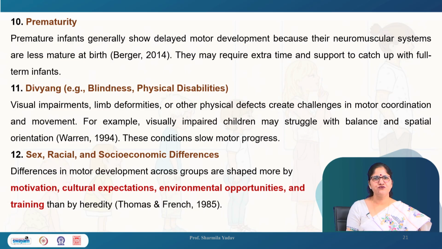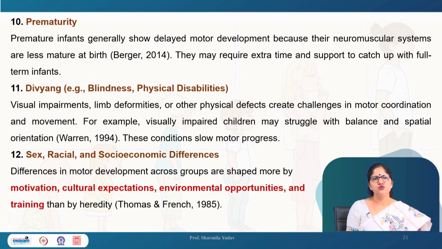For example, visually impaired children may struggle with balance and spatial orientation. These conditions slow motor progress. For them, we have to skill them in orientation and mobility skills.